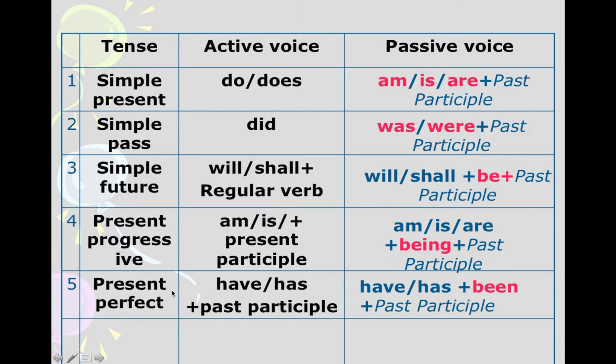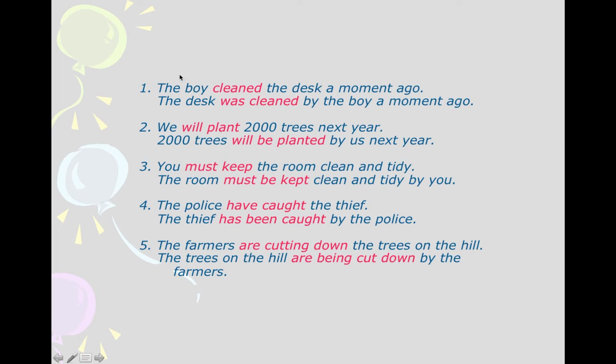And this is present perfect: have, has plus past participle. So the past participle is very important for the passive voice, so we have to have it in any situation. So let's see some examples right here. The boy cleaned the desk a moment ago.